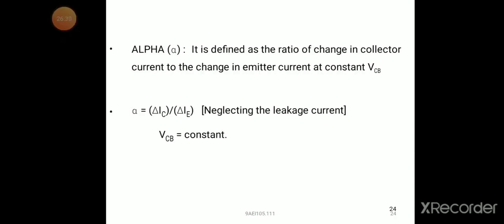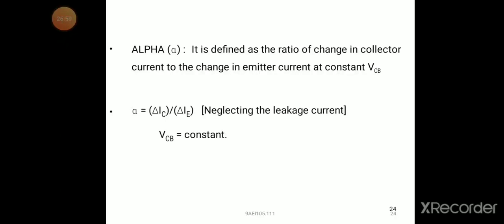Alpha is defined as the ratio of change in collector current to the change in emitter current at constant VCB.